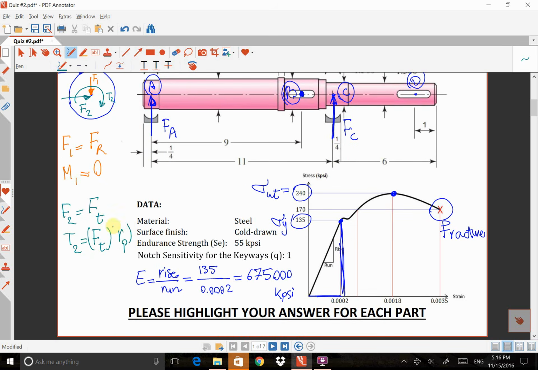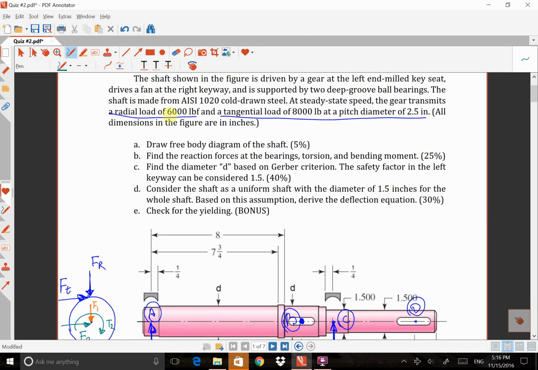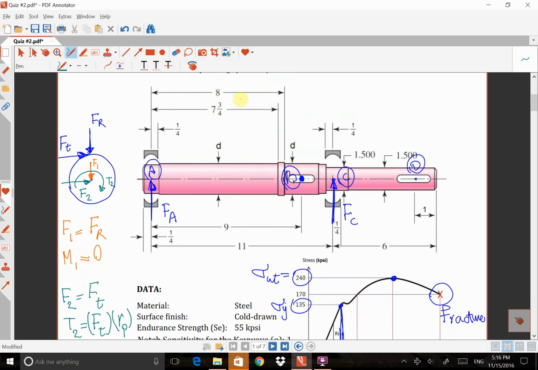If I come back to the question, the amount of radial force is given to us: Fr is 6 kilopound force, tangential force Ft is 8 kilopound force, and the pitch radius Rp is 2.5 inches.